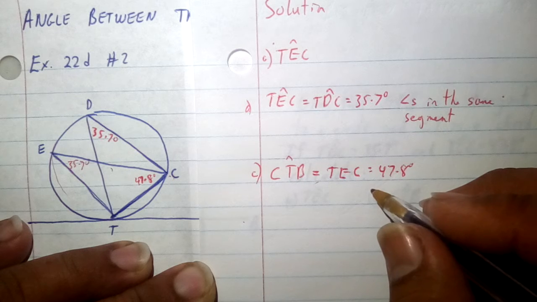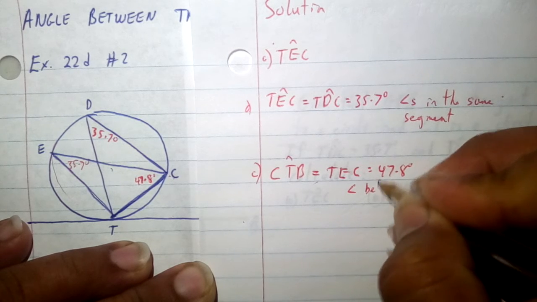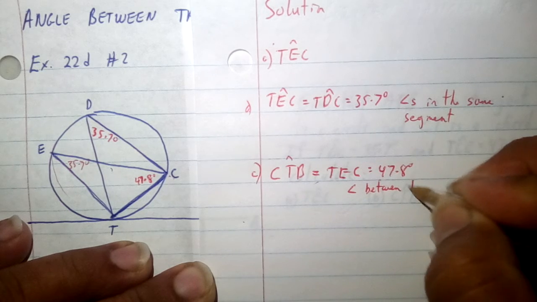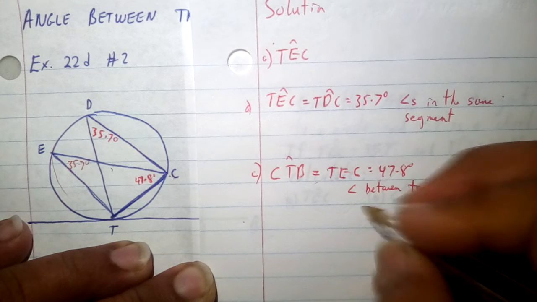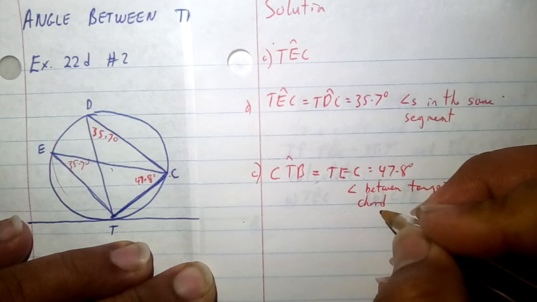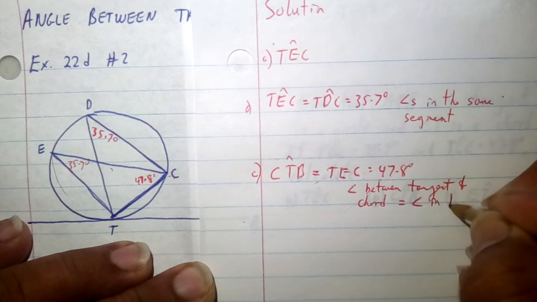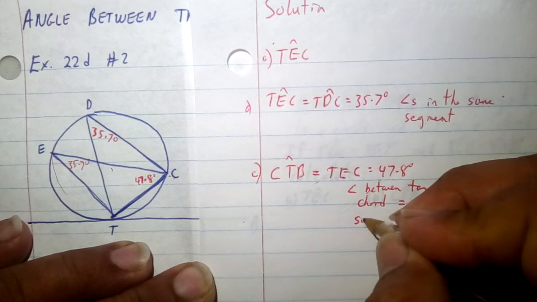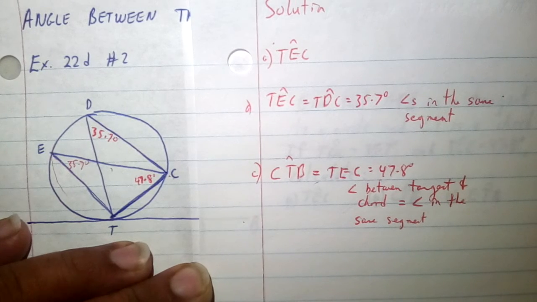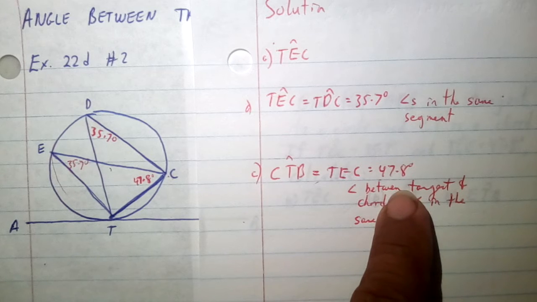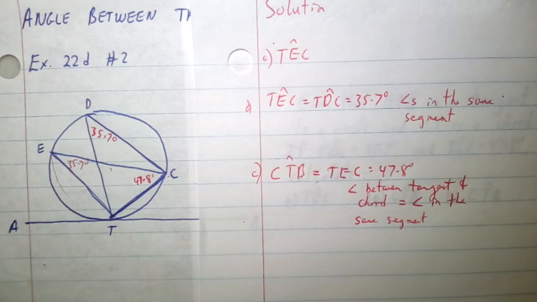The reason why is because they are angles between a tangent and chord, which is equal to the angle in the same segment. That's the rule that can be expanded. So both of them are the same thing. So you could say the angle between the tangent and the chord, or the angle in the same segment. So therefore, they will be equal.